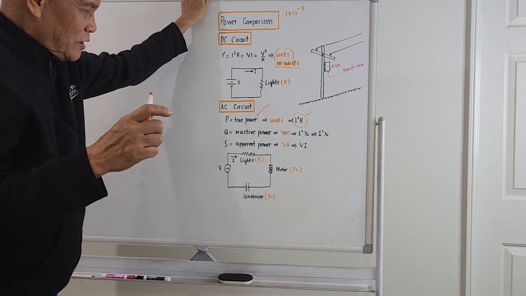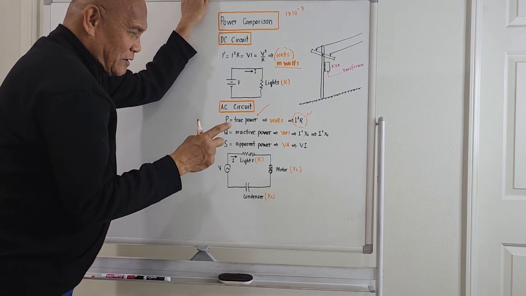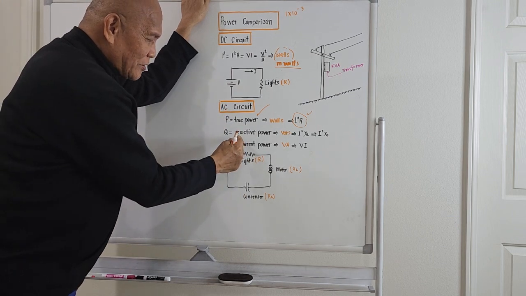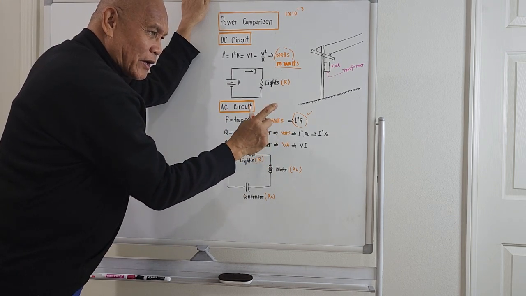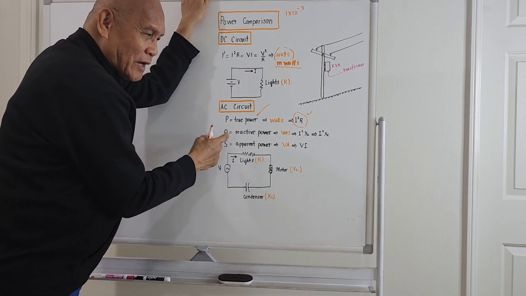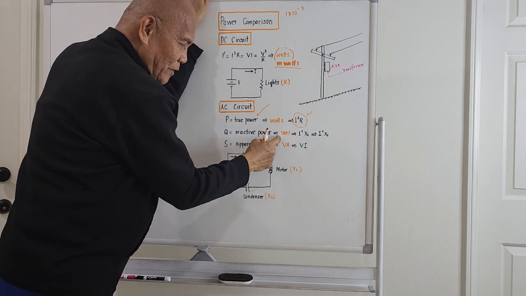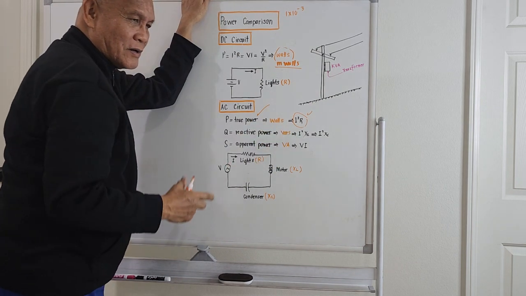Okay? For the motor loads and the condenser loads, we call that reactive power. And we designate that with a capital letter Q. And the unit of this is bars, B-A-R-S.